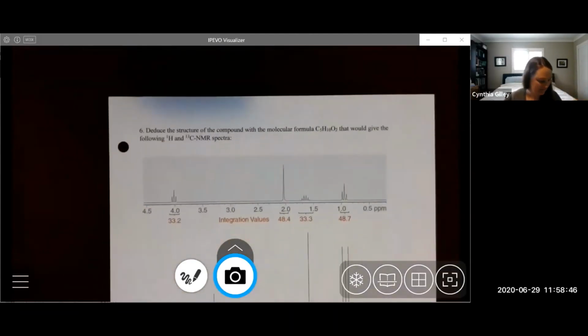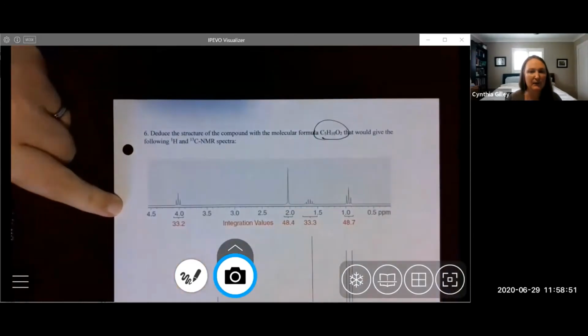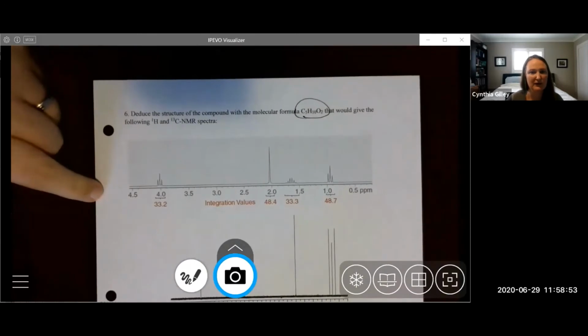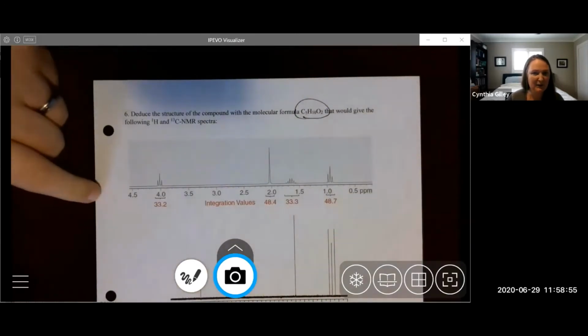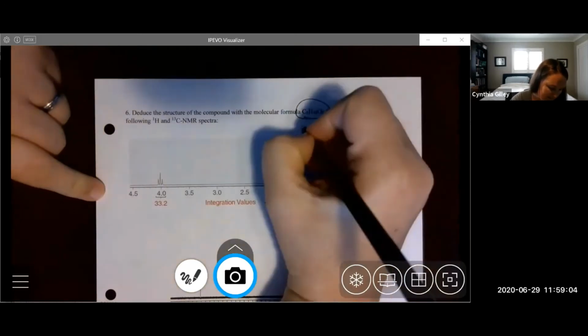The last one here. Now they did give the molecular formula. That's helpful. We can do something with that before we even look at the NMR. We can calculate what's called the hydrogen deficiency index, also known as the units of unsaturation. There's an equation for this.